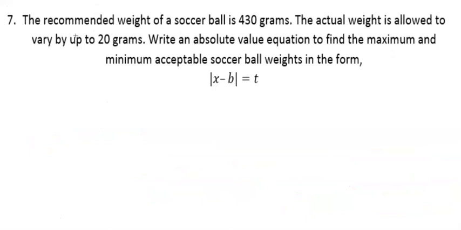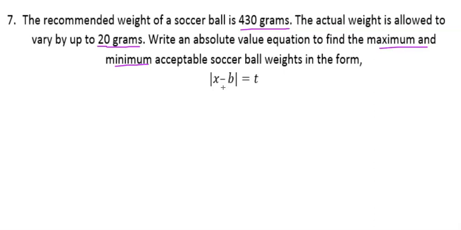Number 7. The recommended weight of a soccer ball is 430 grams. The actual weight is allowed to vary up to 20 grams. Write an absolute value equation to find the maximum and minimum acceptable soccer ball weights in the form absolute value of x minus b is equal to t.